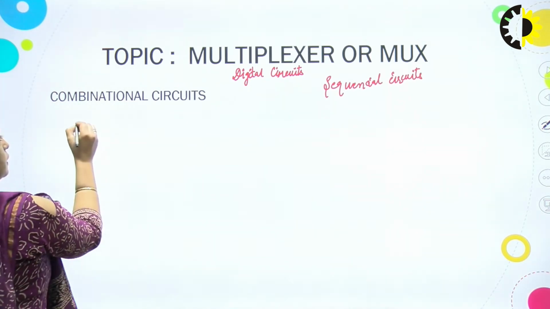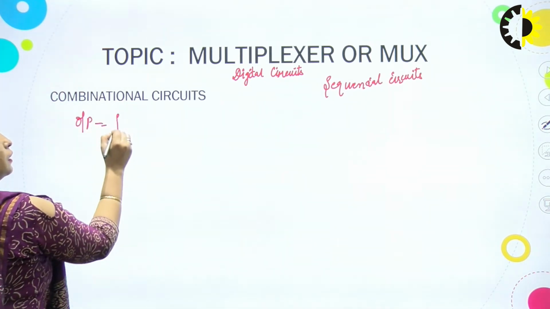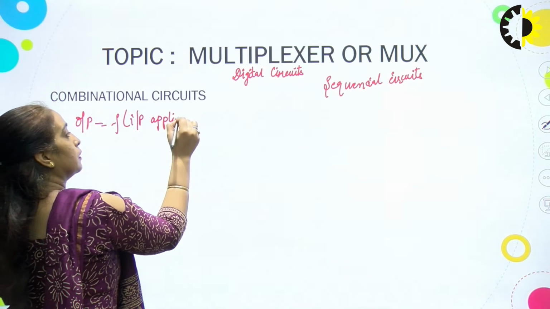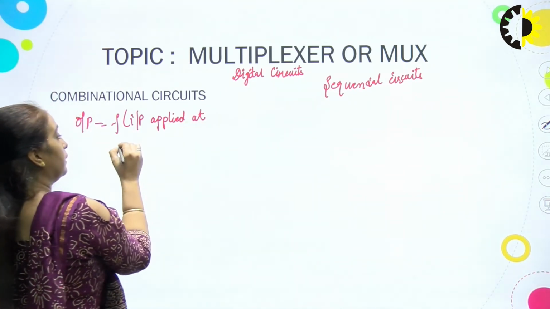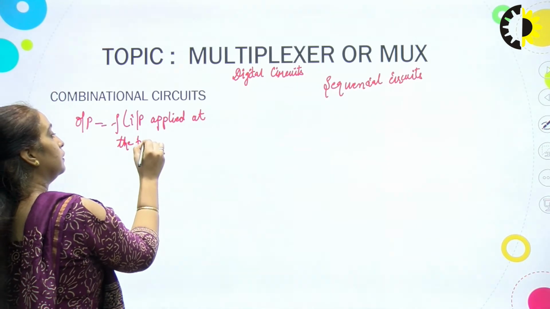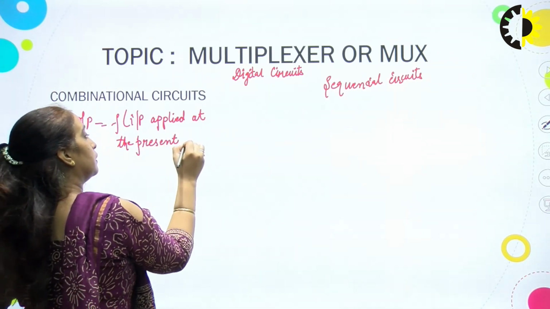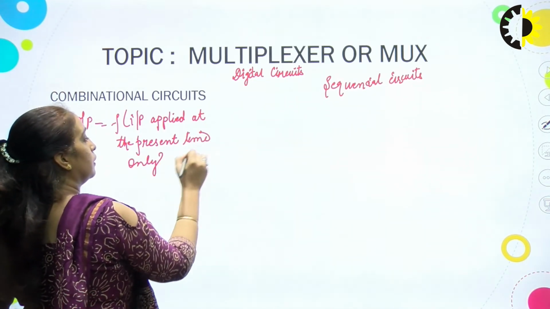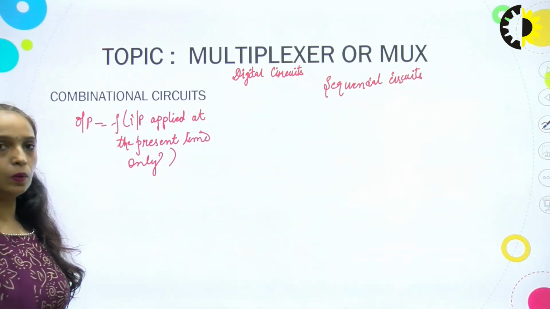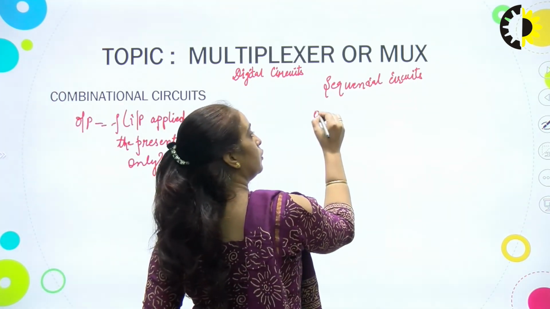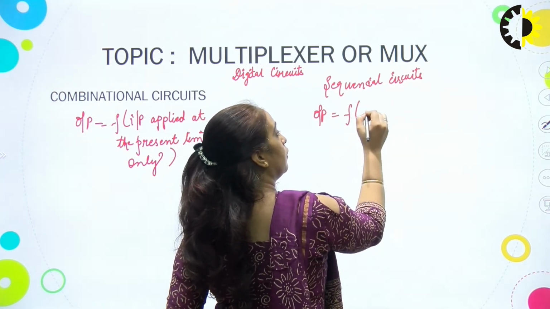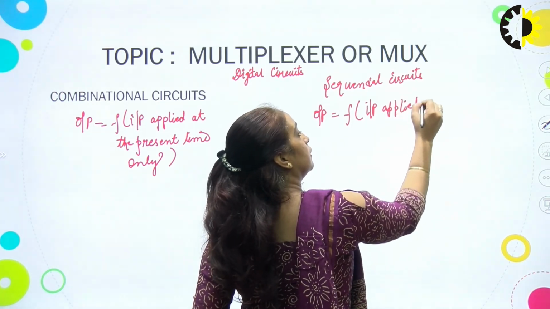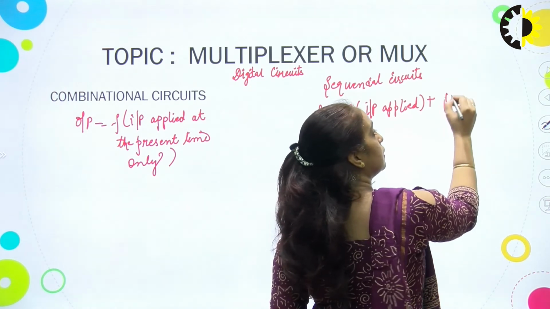In case of combinational circuits, your output is the function of input applied at the present time only. But in case of sequential circuit, your output is the function of inputs applied plus past output.